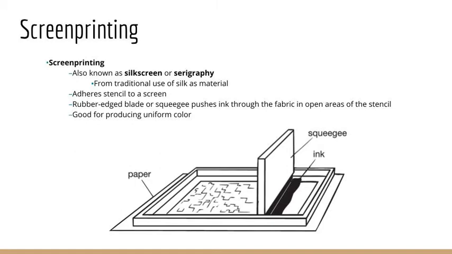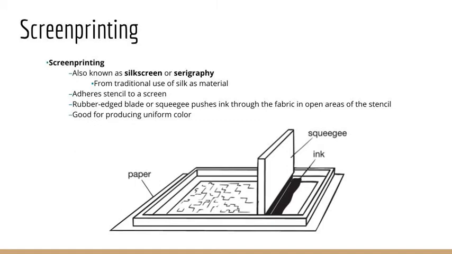Although I suppose you could just leave your stencil on top and it would catch the ink as well. You use a rubber-edged blade or squeegee and you push ink through the fabric in the areas that are open. So it will go through on some parts and not on others, and that's how you control what the design is.